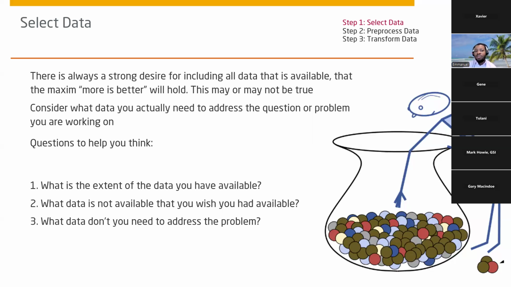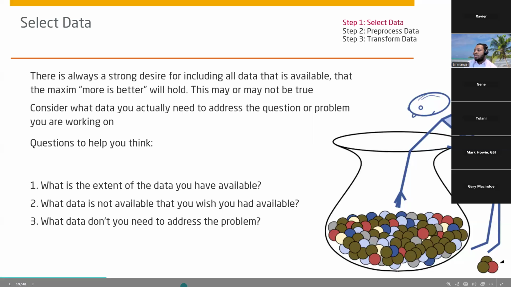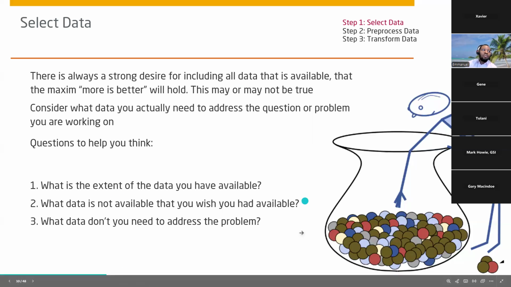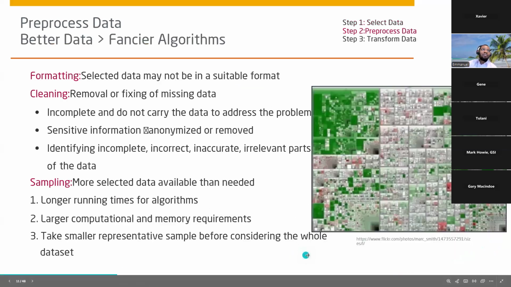So, obviously, there is no business adding a name to the features. So knowing what data you don't need to address the problem is quite important. Because if you make the mistake of adding a data set or a feature that you don't need, then instead of solving a problem, you might be adding more problems.